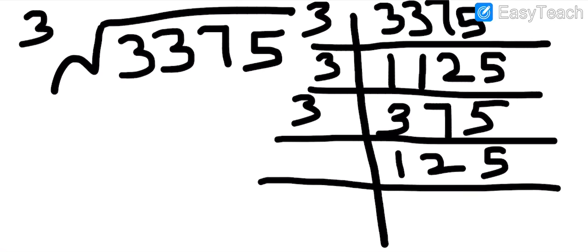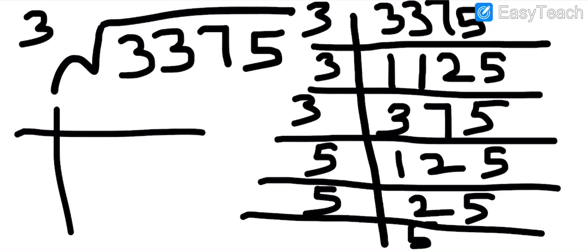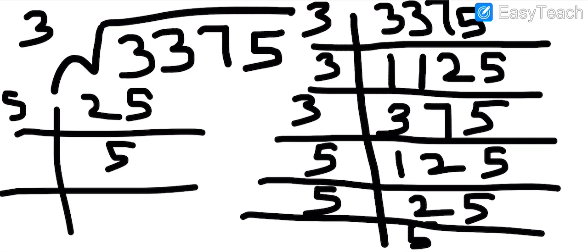Now it's not divisible by 3. Okay, so next prime number 5. 5 2s are 10, 5 5s are 25. Let me write it here, 25. 5 5s are 25 and 5 are 5.